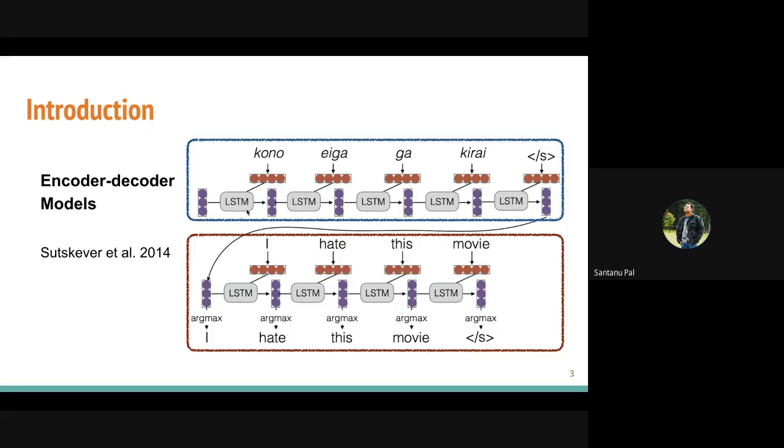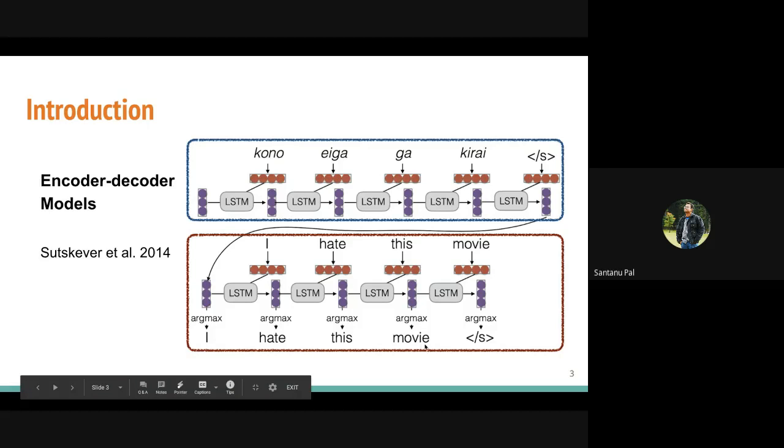For each time step, there will be some information passing from the very first word to the end word, and at the end it will present some representation for the decoder. So the encoder encodes the entire source sentence and then presents some representation, and based on this representation it will start the target words, like I hate this movie.